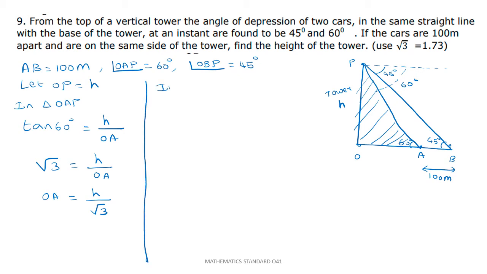Now take the next triangle. In triangle BOP, tan 45 degrees is equal to OP by OB. So we know tan 45 is 1. So 1 equals H by OB, H equals OB.